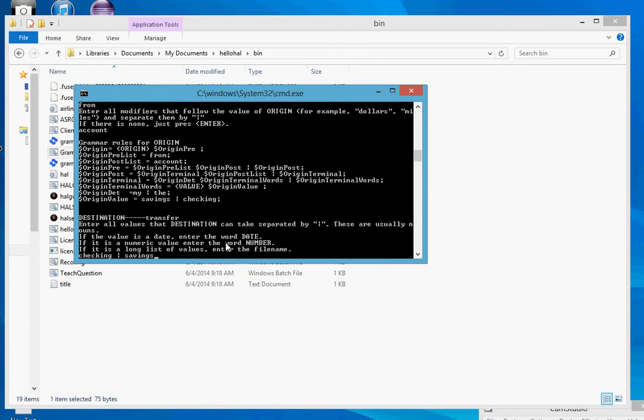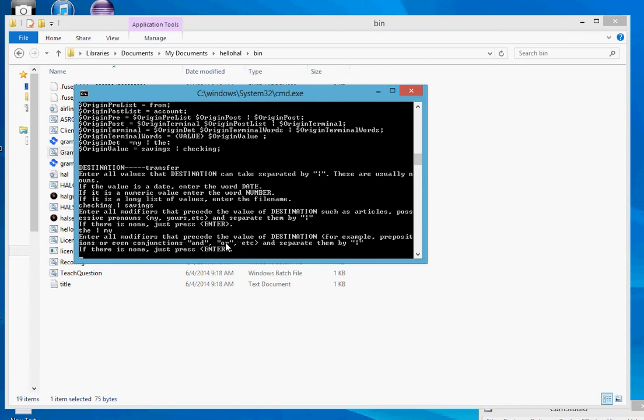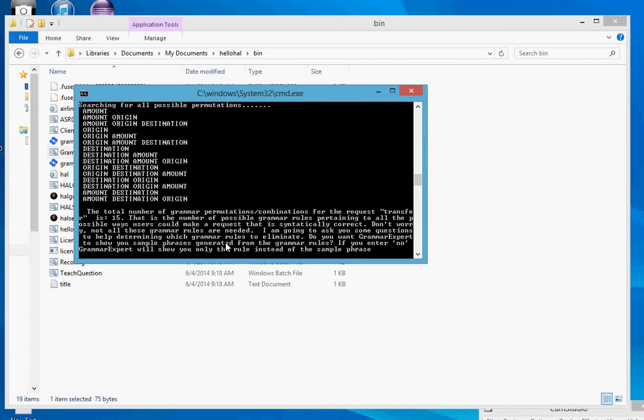So we define it the same way. There will be articles, the, and then they will have the possessive pronoun my, and then for the prepositions we will have to or into. And then what follows again, the words in destination is going to be account.